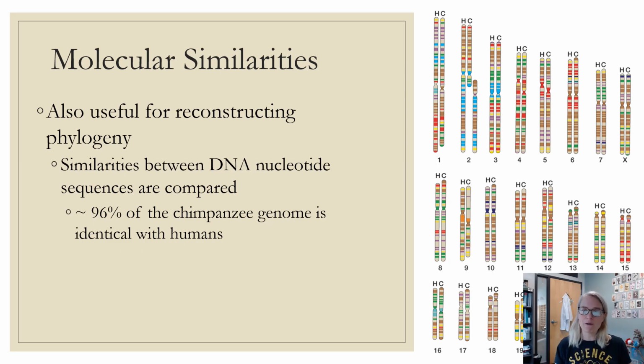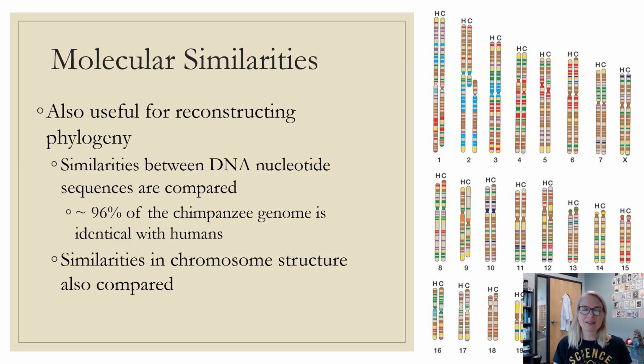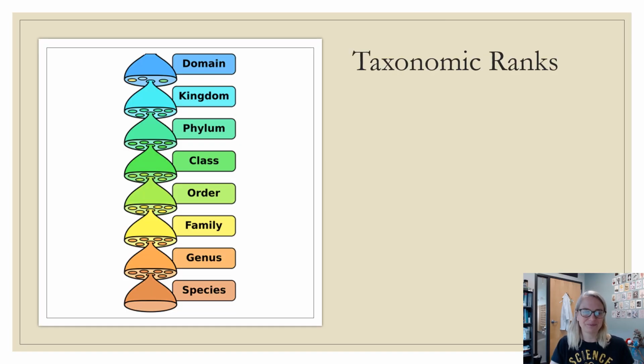So we're different by about 4%. We can see that in the comparison of the chromosome structure, and also the little banding patterns that you can see on the chromosomes represent similarities in genes that both us and chimpanzees have. So lots of similarities, different enough to make us unique.